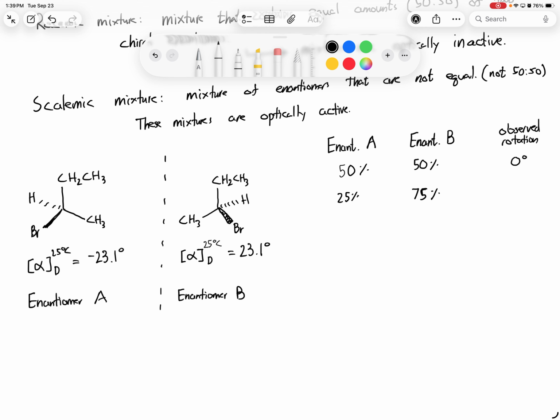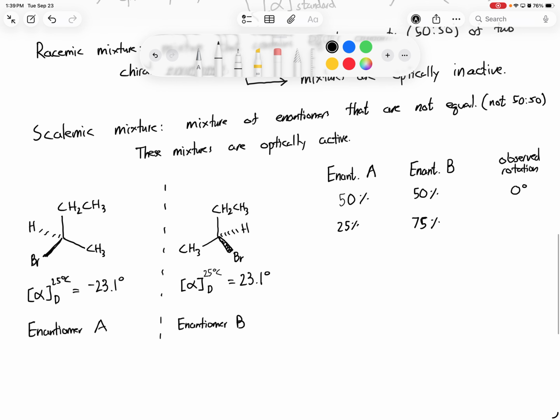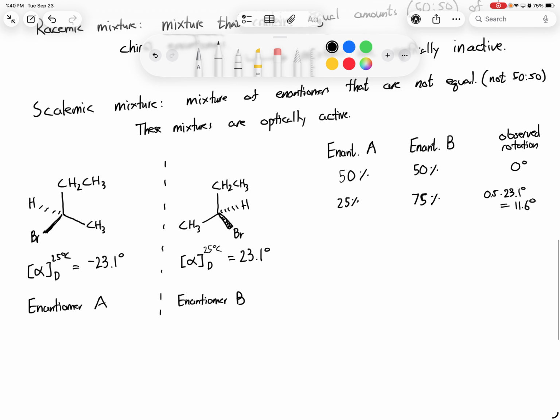So this one would be 0.5 times 23.1 degrees, and this would give me 11.6 degrees. Are there any questions about that example? So we're taking the excess and doing it like so.